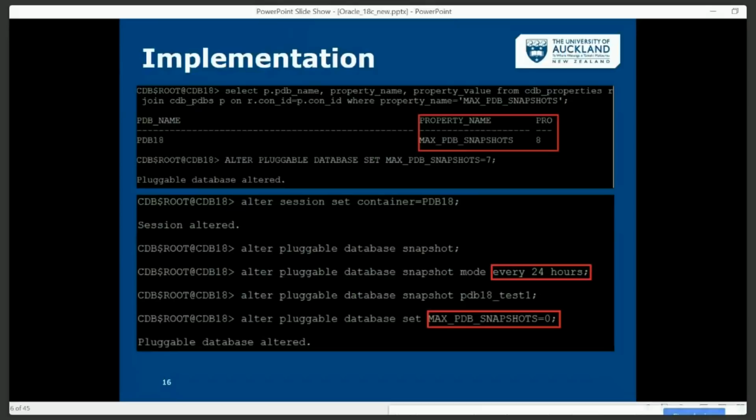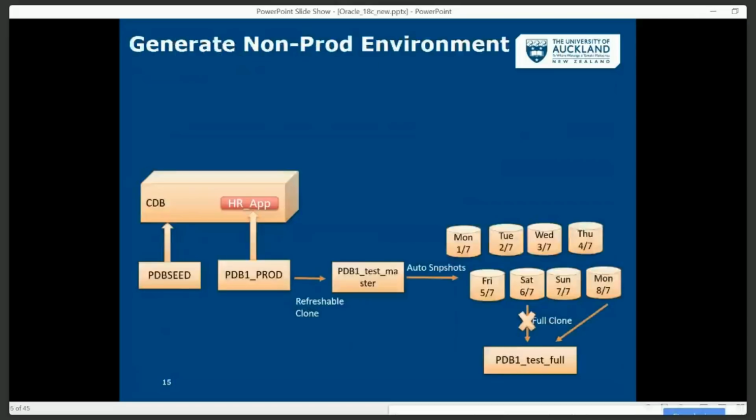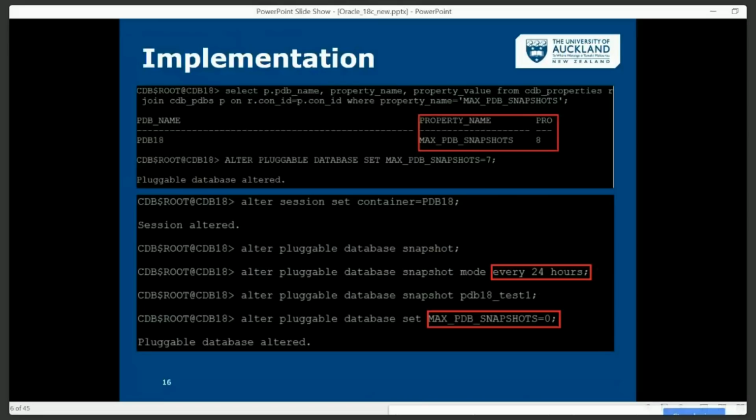If you set the maximum PDB snapshots equal to 0, it is going to delete all the archived files from the data file directory. Moreover, you can also delete a particular snapshot if you want to. For example, to delete a snapshot from Saturday, you just need to write ALTER PLUGGABLE DATABASE and then DROP SNAPSHOT and the snapshot name. That is also possible.